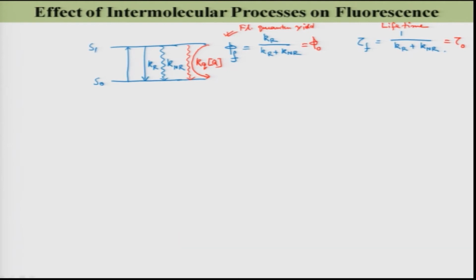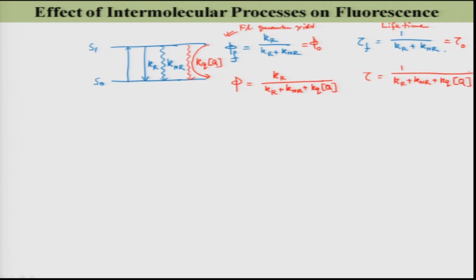So in that case, if I want to write phi, I will write kR, because this is the only radiative process by which the photon is emitted, and all others, including this extra kQ into Q, are non-radiative processes. So I will write kR plus kNR plus kQ into Q in the denominator, and for the lifetime, similarly, 1 over kR plus kNR plus kQ into Q.